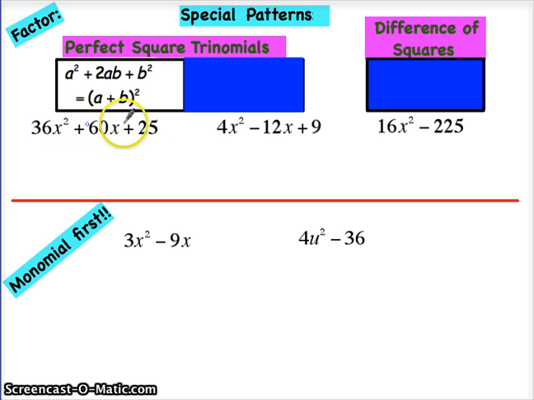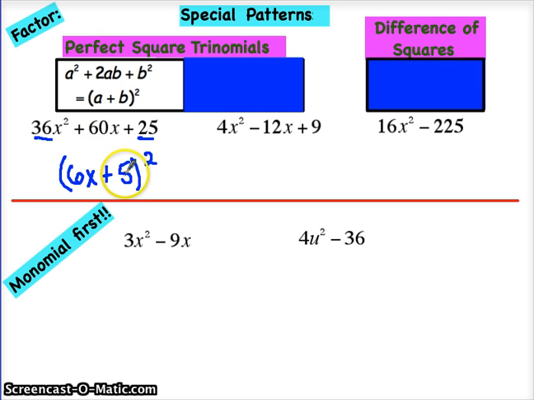If I'm trying to factor something and I notice that the first and last terms are perfect squares, I might get lucky by just saying, well, hey, this might be a perfect square pattern. I know that 36 could come from 6 squared, and x squared definitely could come from x times itself. 25 makes me think 5, and now the real key, if I use my shortcut, is does the first term, 6x, times the last term, 5, times 2 give you the middle.